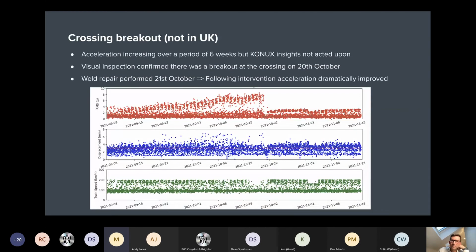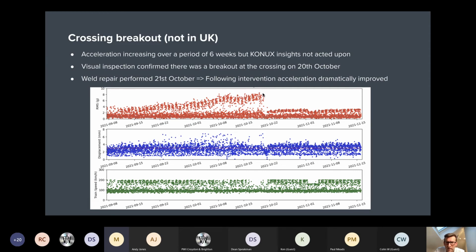Another example where we've seen crossings starting to fail early. We've got the acceleration increasing over a period of 6 weeks. In this case, it wasn't being used in anger, I guess, by the engineers. So they did a cyclical visual inspection, which found a breakout of the crossing on the 20th of October. You can see right through August, increasing acceleration over time.